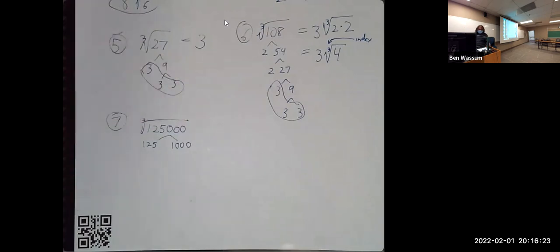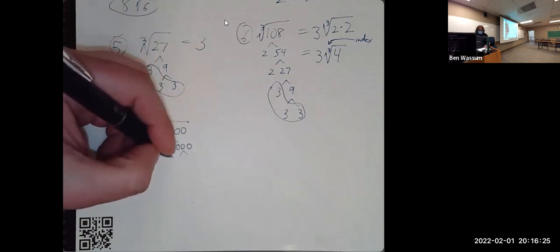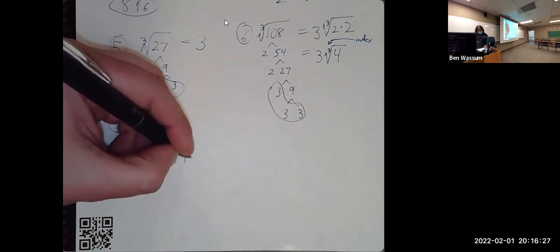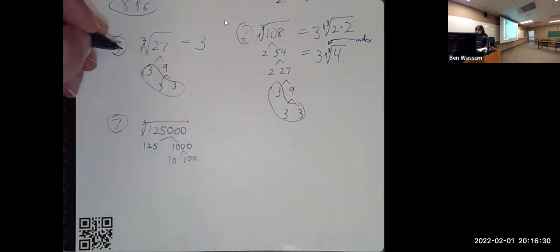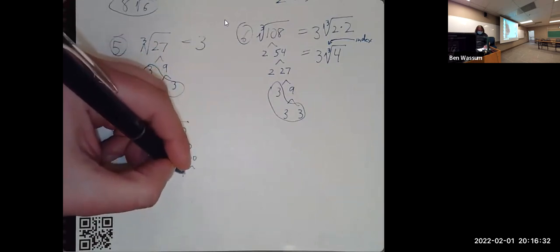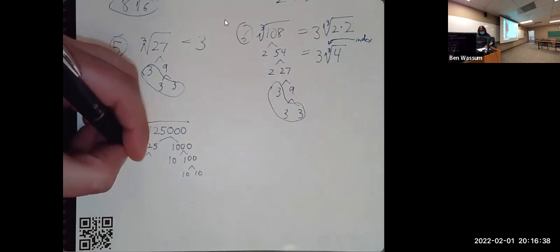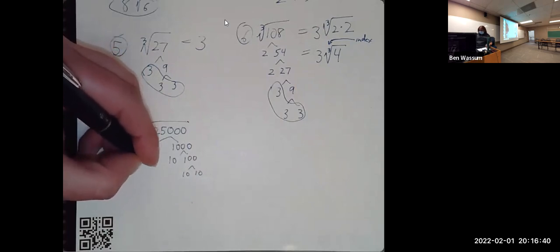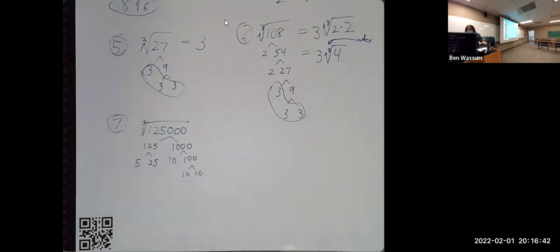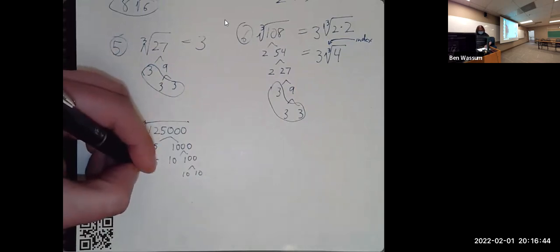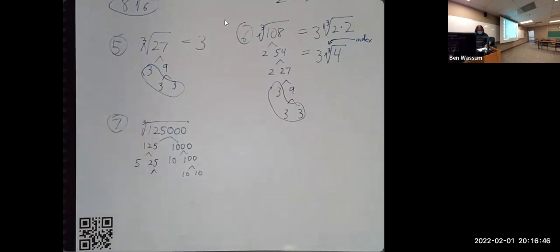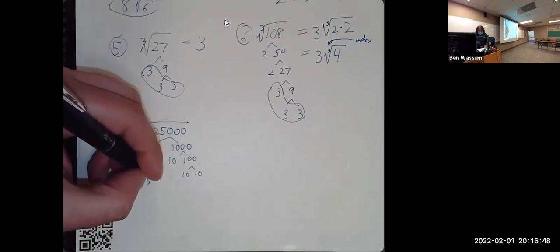I'm gonna be cheap about that 1,000. 1,000 is 10 times 100. 100 is 10 times 10. 125, that's 5 times 25. 25, that's 5 times 5. Right?